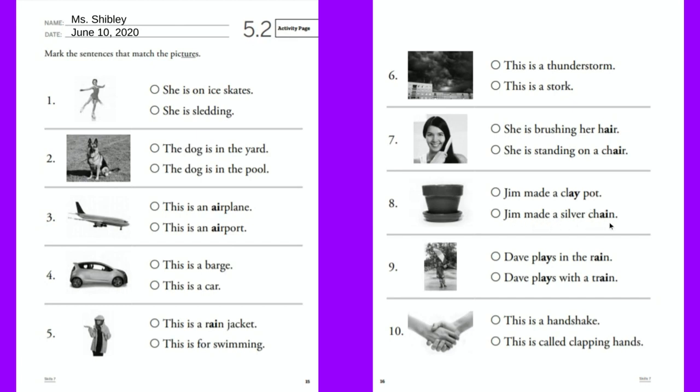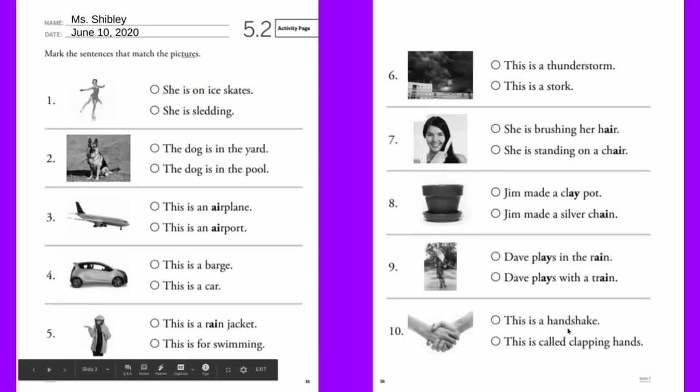Jim made a silver chain. Number 9, Dave plays in the rain. Dave plays with a train. Number 10, this is a handshake. This is called clapping hands.